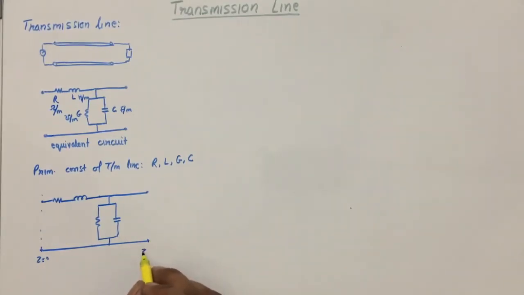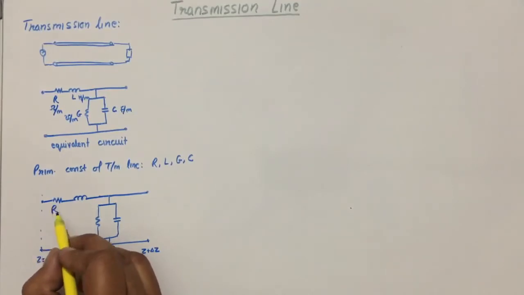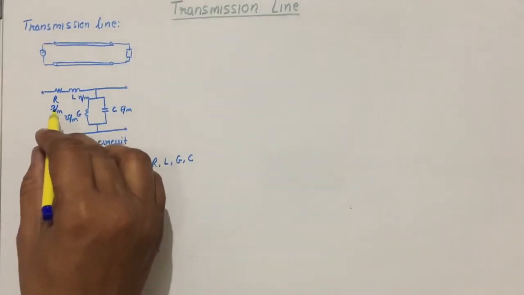Here the position will be z plus delta z. So we are considering the transmission line for delta z length. So for delta z length, the resistance will be as it is per unit length.